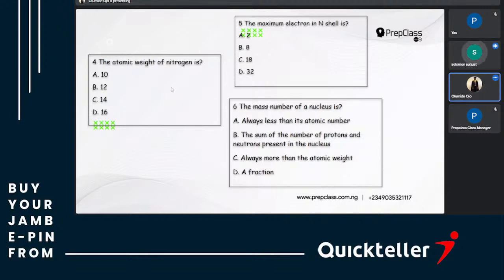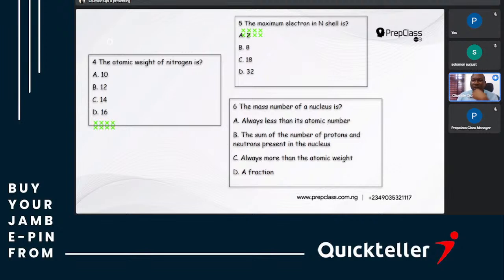The atomic weight of nitrogen is meant to be 14, because it contains 7 protons and 7 neutrons. Good, correct. So we are going to number 5 now.